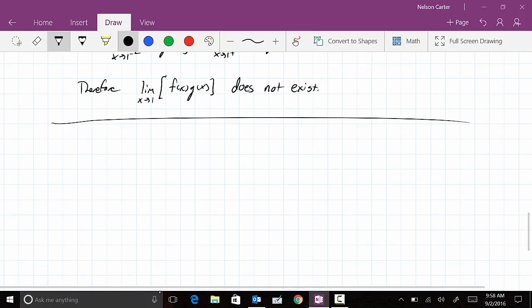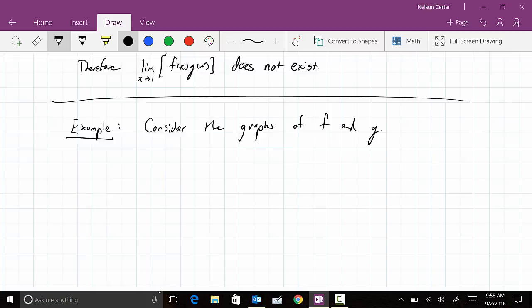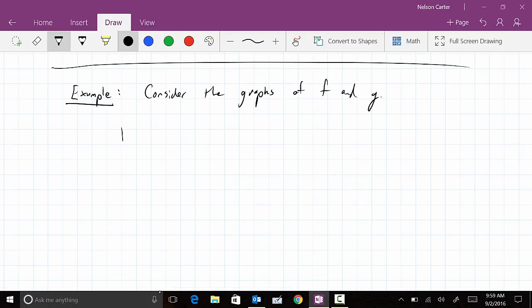Well, okay, I'll just give it as another example. Consider the graphs of f and g.